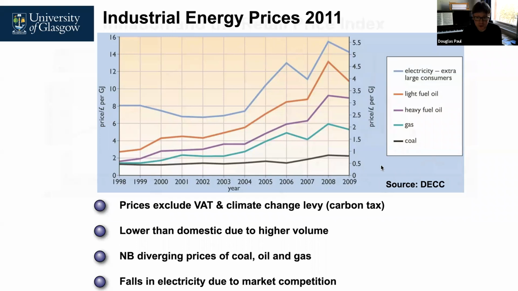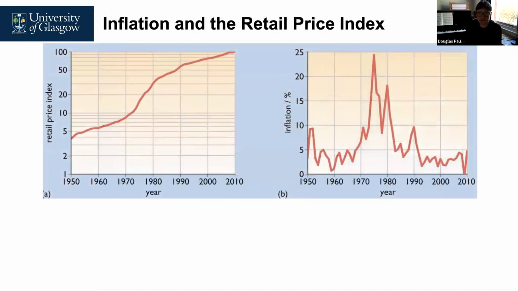But more generally, what we want to look at is inflation in the retail price index. So over a period of time, prices typically increase. And this is going to become key when we start looking at how to cost energy and how we can actually build power stations and provide the money to build power stations.